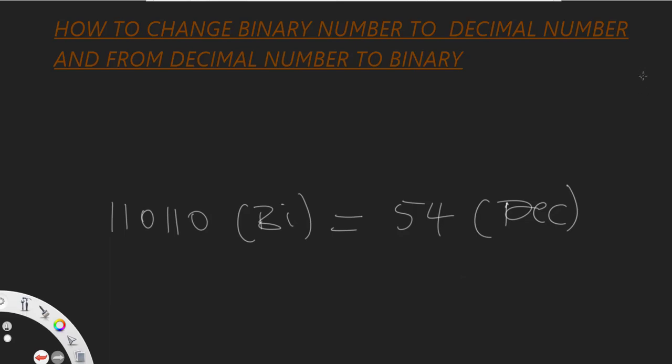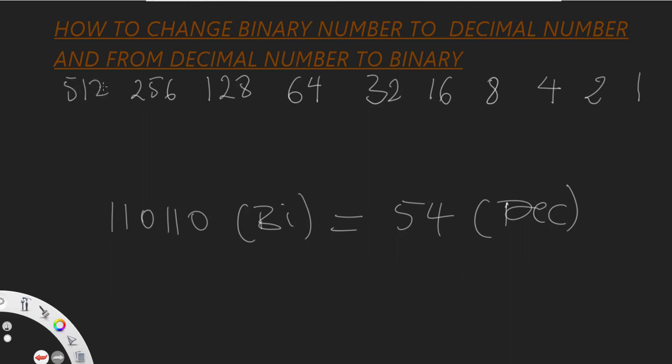Write a sequence that starts from 1, a geometric sequence: 1, multiplied by 2 is 2, times 2 is 4, times 2 is 8, 8 times 2 is 16, 16 times 2 is 32, 32 times 2 is 64, 64 times 2 is 128, times 2 is 256, times 2 is 512, times 2 is 1024.